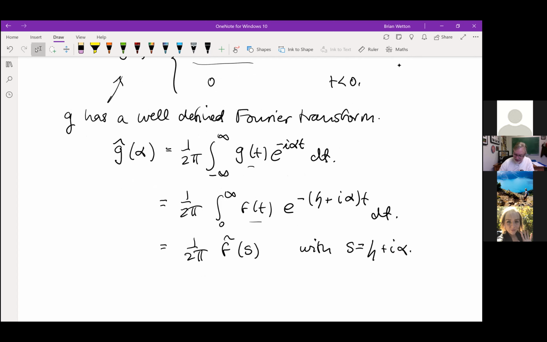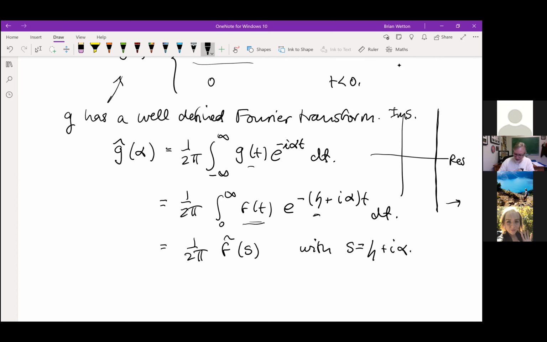So now you can see why, when I was talking about thinking of S as living in the complex plane, it's on a line far enough this way, so that the real part's big enough so that when you multiply by that negative exponential by the thing you're trying to take the Laplace transform of, it all makes sense.